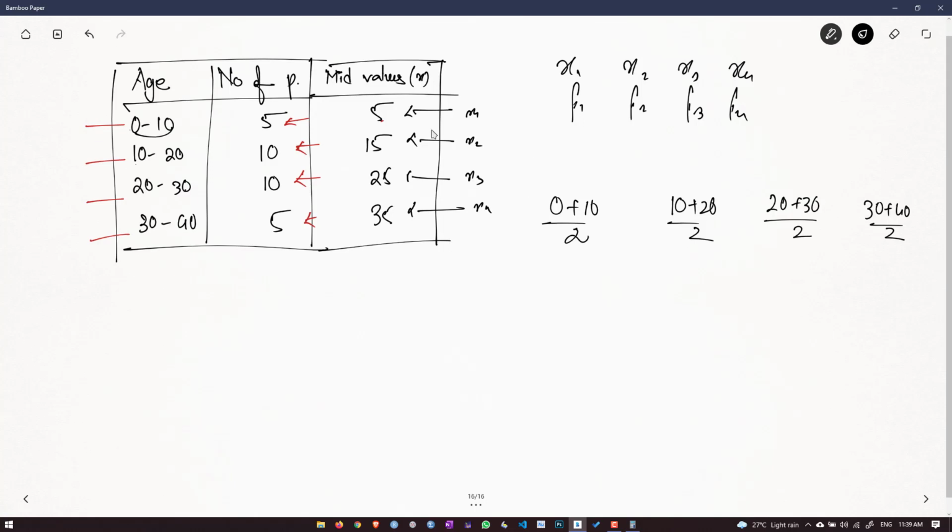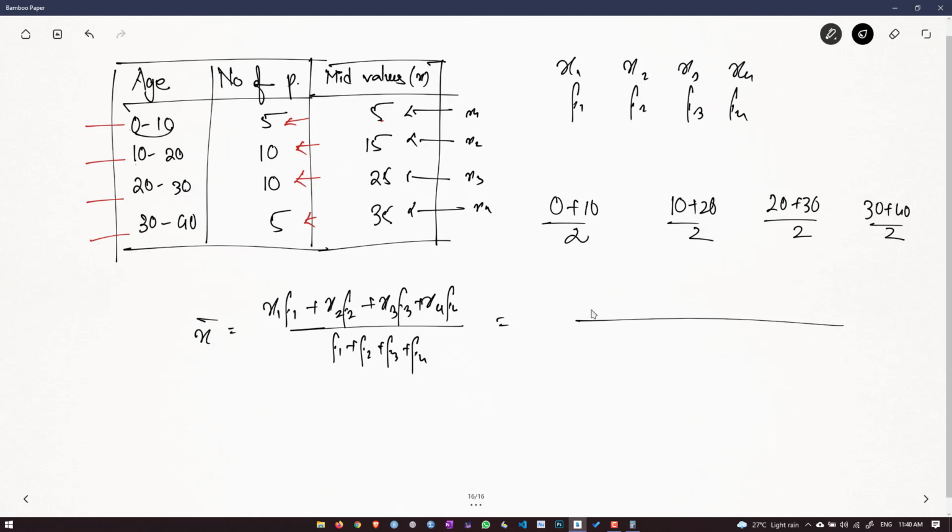Now the next thing is similar to our last example. We will find x1 f1 plus x2 f2 plus x3 f3 plus x4 f4 divided by f1 plus f2 plus f3 plus f4. This will give us the arithmetic mean.